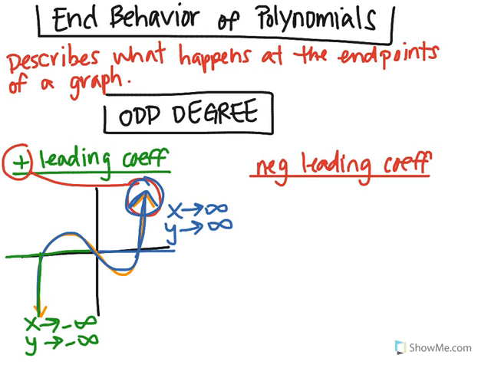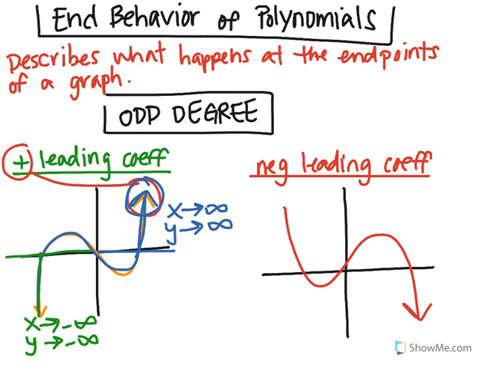If you have a negative leading coefficient and it's an odd degree, remember odd degree means they end up in opposite directions, your graph will look something similar to this. It ends up going negative on the right-hand side. So if you have a negative leading coefficient, it ends up going negative on the right side. So you're only looking at the right side.